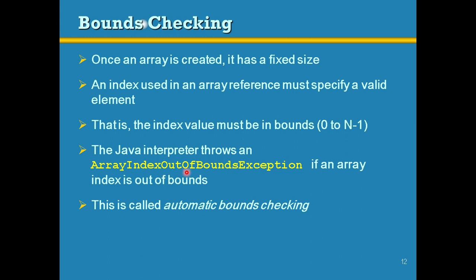That means you are trying to access an array index which is not present. Whether the array index is present or not will be checked by the Java interpreter itself. So you will get this error if you are trying to access an array index which is not declared in your array. Remember this error message and when it occurs.